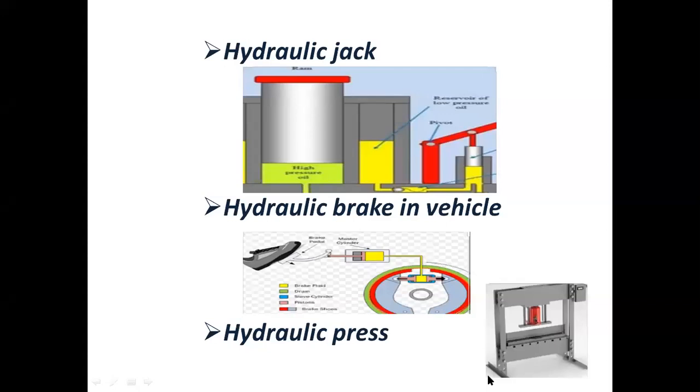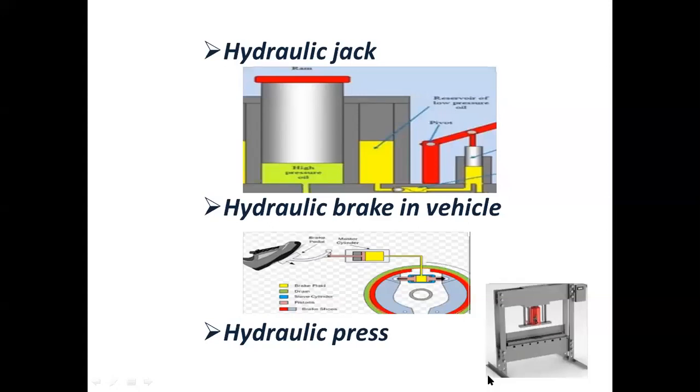That is, when we apply a small force at one end of the closed system, that force is experienced equally through all the liquid contained in that closed system, and it produces another force F2. In these three cases, the applied force is on top of the liquid contained in that closed system.